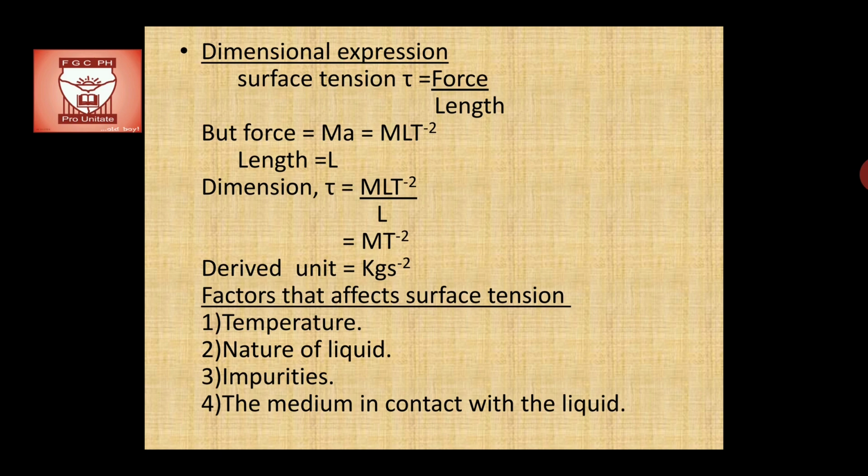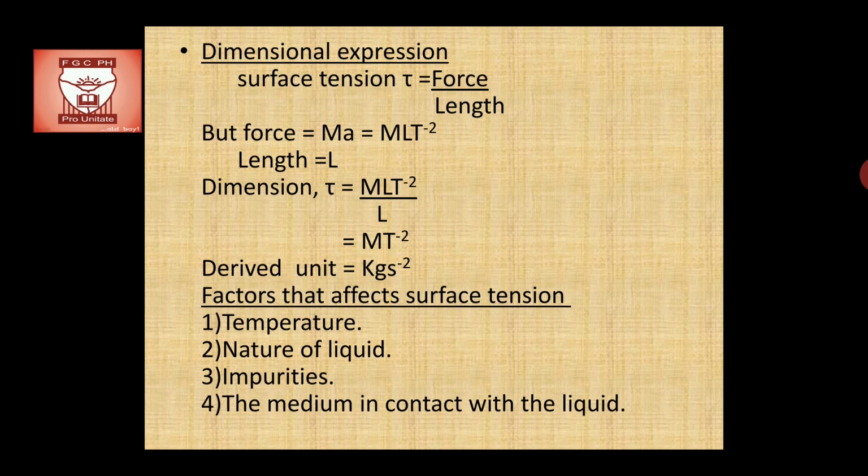Now, derived unit for that: M being the mass, unit is kg, T being time, unit is second. So we have kg per second square.